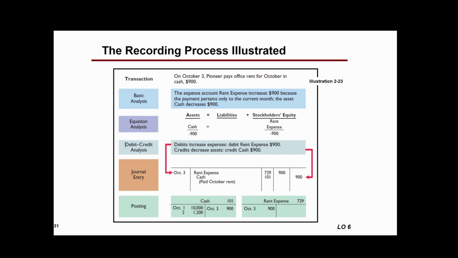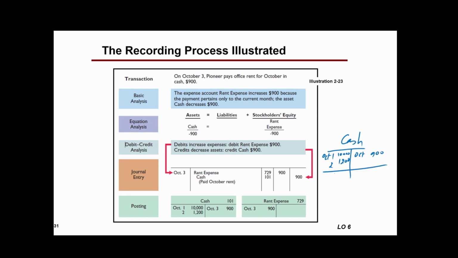So in this case, the way we do it, you have cash, you have October 1, we have 10,000, 1,200 on October 2nd, and October 3rd, company paid 900.